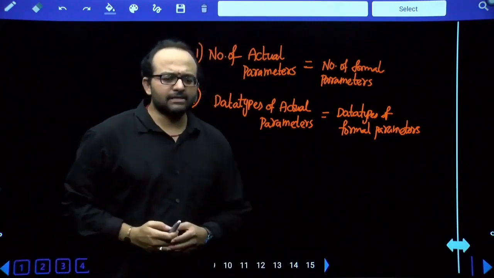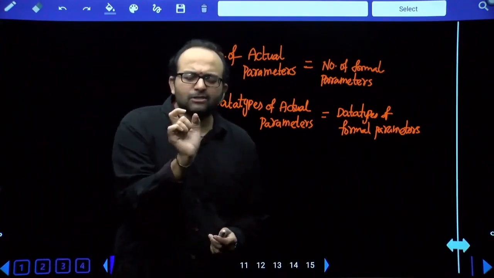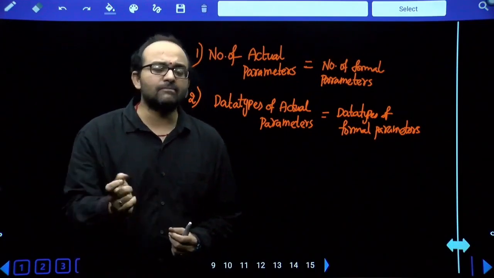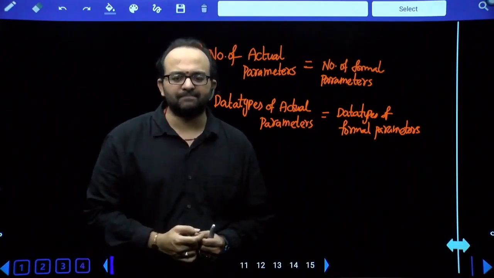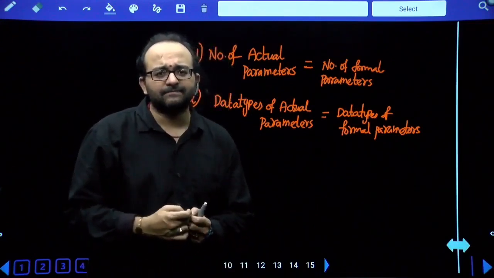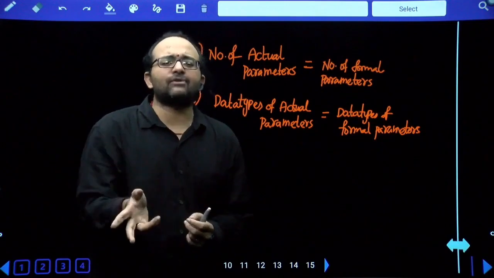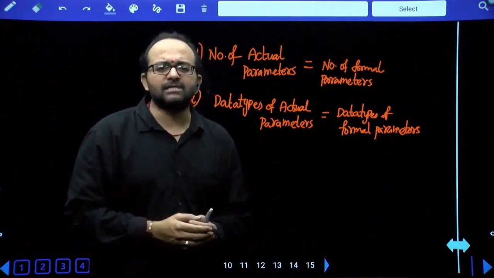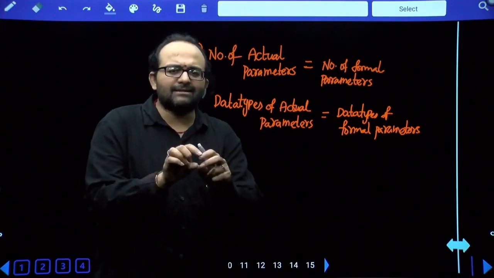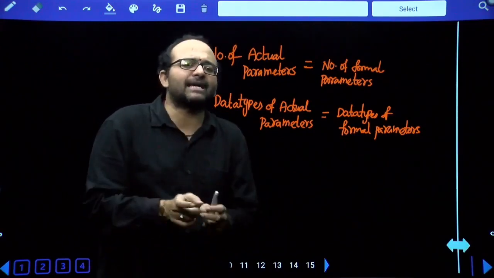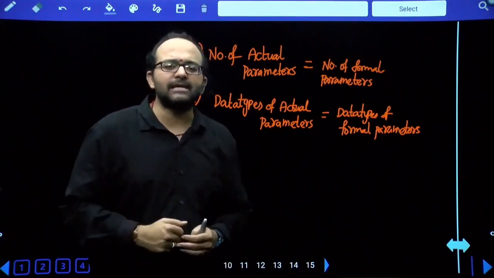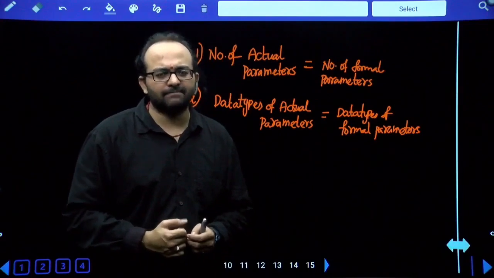Similarly, the next one: the names specified for the actual parameters may or may not be the same as the names specified for the formal parameters. It means either you can take the same name that is specified in the actual parameter, or you can take a separate variable name for the formal parameter.